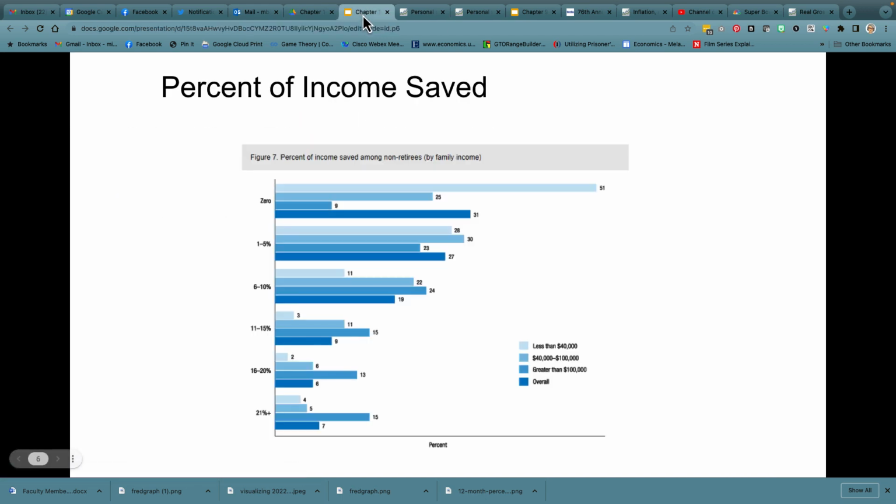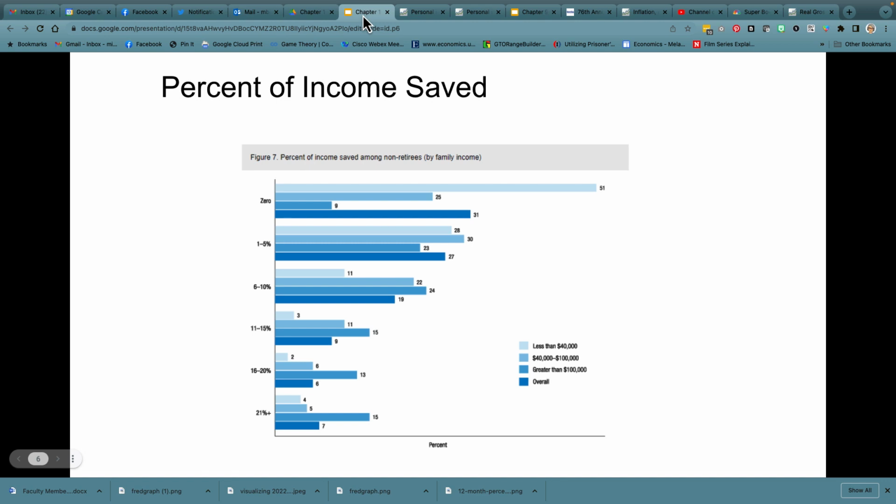So here is another interesting visual for us. This is looking at the percentage of income that's saved. Now we're looking at it by income group. All right. So we've got the lightest blue here represents households that make less than $40,000. The next color up is $40,000 to $100,000.